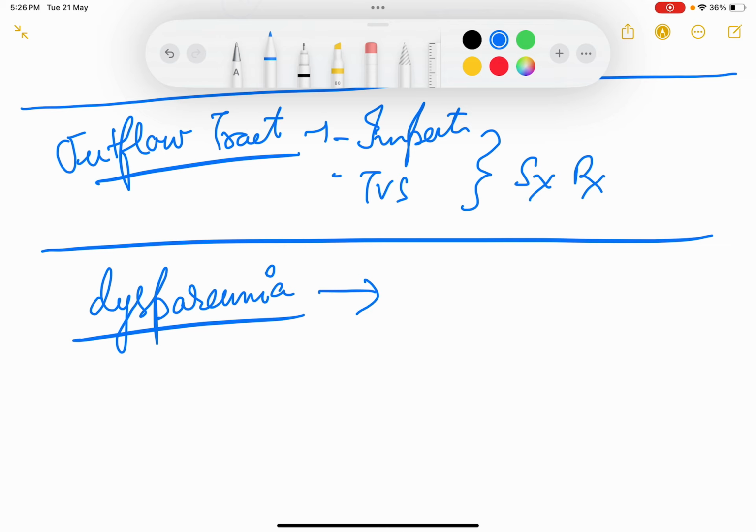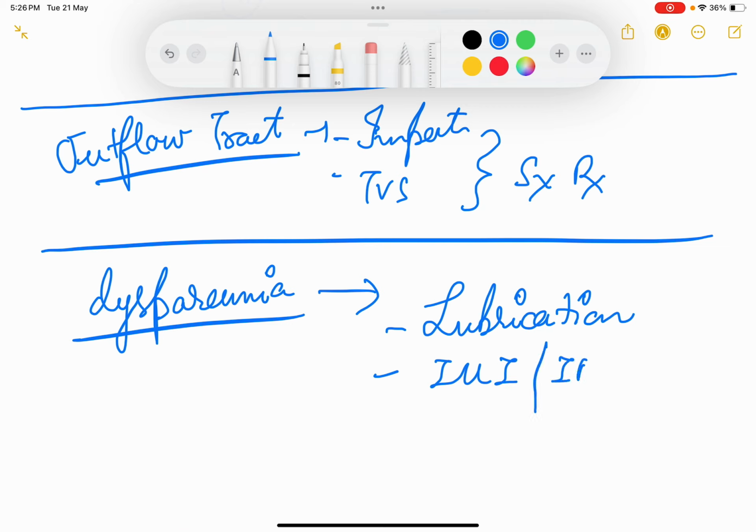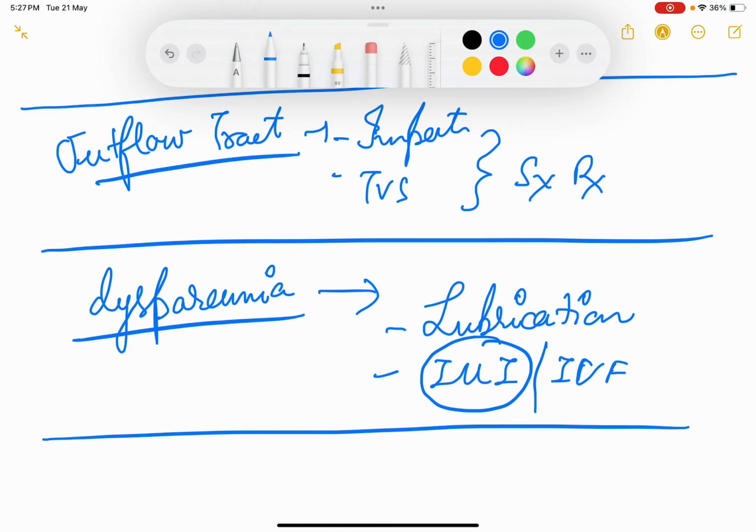So they will not undergo sexual intercourse and then they will have infertility. So in these patients, you can go for either lubrication of the genitalia so that there is no pain, or you can directly go for IUI, or IVF. Better to go for IUI, whereby with the help of a catheter we introduce the sperms into the endometrial cavity.